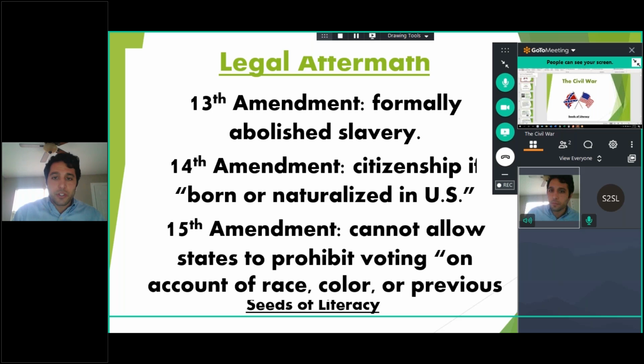And then citizenship was extended to anybody that was born or naturalized in the United States. So slaves that were born here were American citizens. And then finally, the 15th Amendment told states that they cannot prohibit voting based on race, color, or previous condition of servitude. So former slaves could not be prohibited from voting.